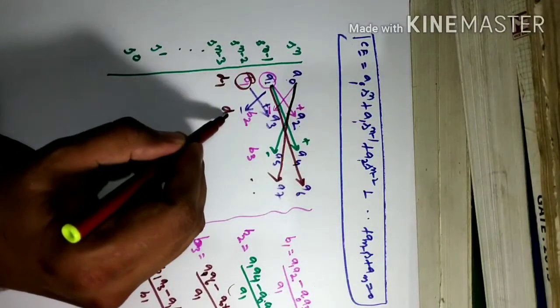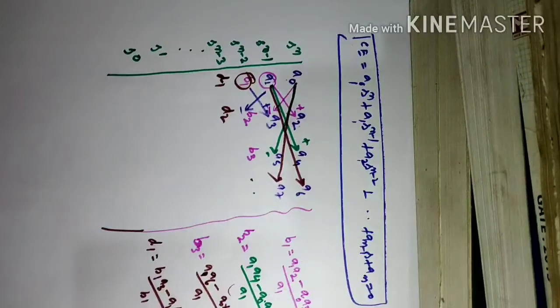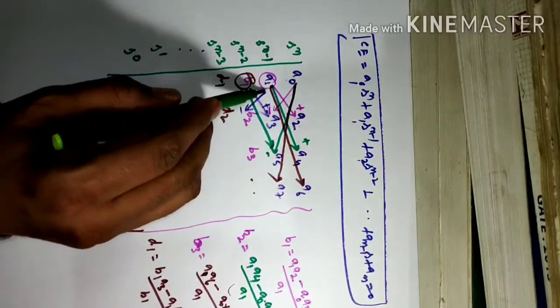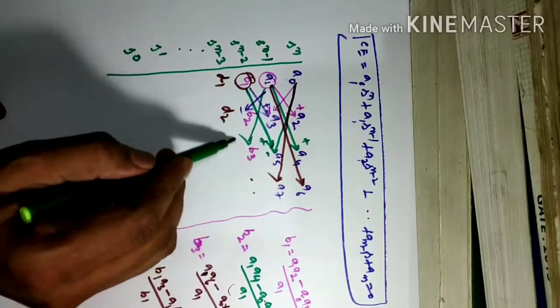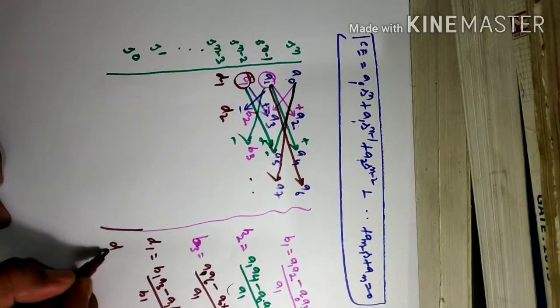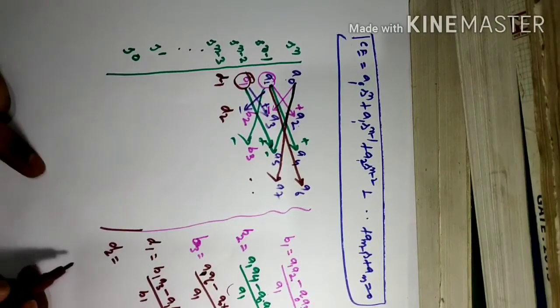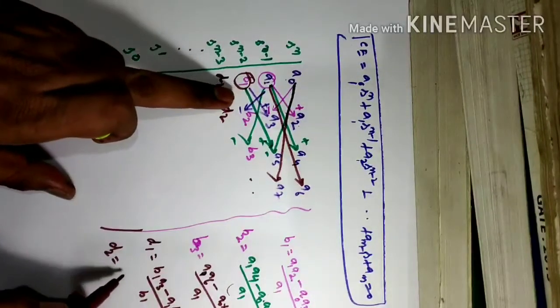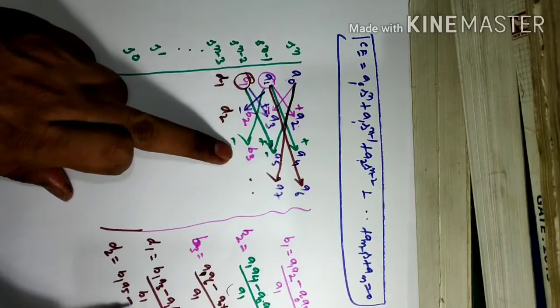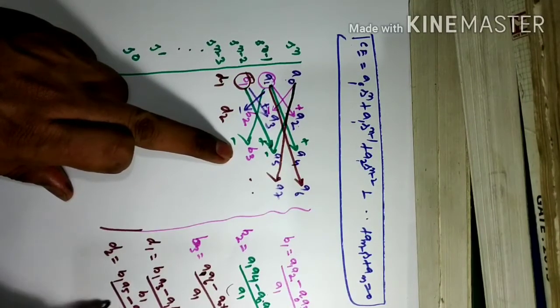To find D2, you multiply B1 A5 and A1 B3. This is a plus, this is a minus. So D2 is equal to B1 into A5 minus A1 into B3, divided by B1.